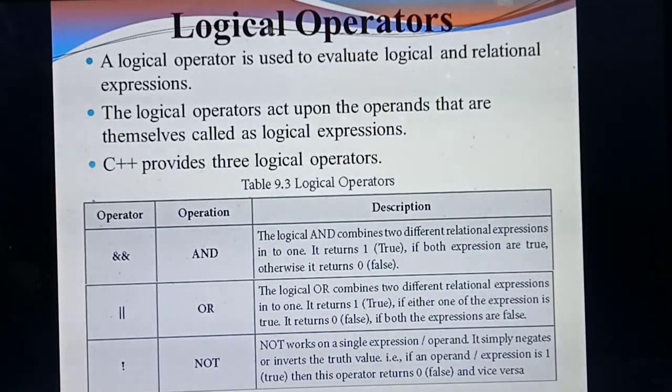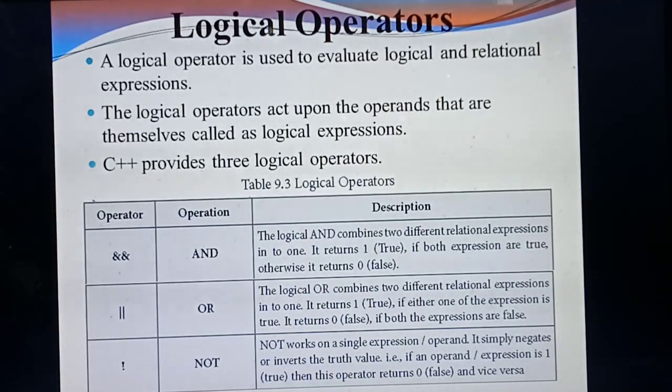AND, OR, NOT. The combination of both logical as well as relational operators gives the logical operators. The operators acting on the operands are what we call logical expressions. So the logical operators act on operands in what is called a logical expression.